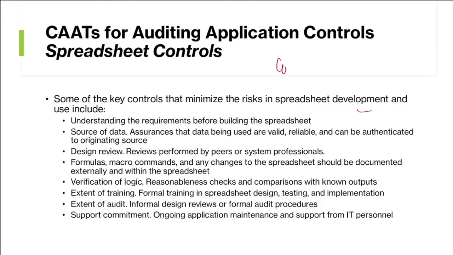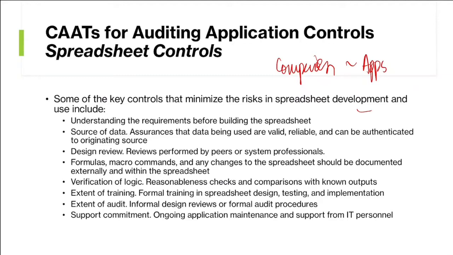Sometimes companies, instead of using applications which have more robust application controls, just use a spreadsheet with different macros and programming. While this is okay, we must look at how the controls work in that spreadsheet environment.